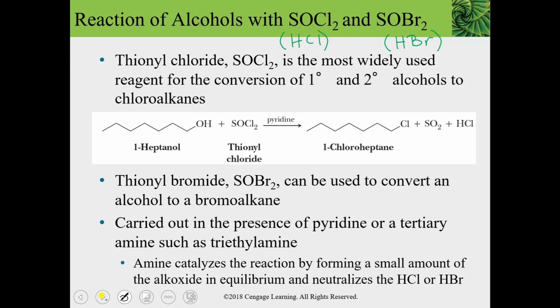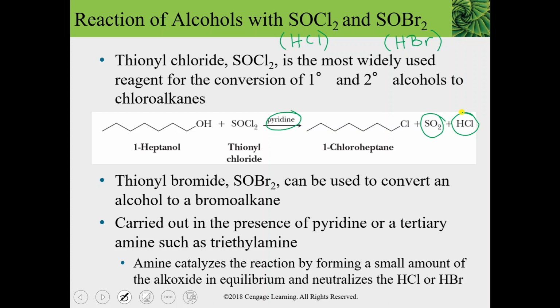So if we're looking at 1-heptanol and thionyl chloride in the presence of pyridine, what we're going to get, again, is a chloride ion completely replacing the hydroxyl group. We're also going to get sulfur dioxide and hydrochloric acid as a product.